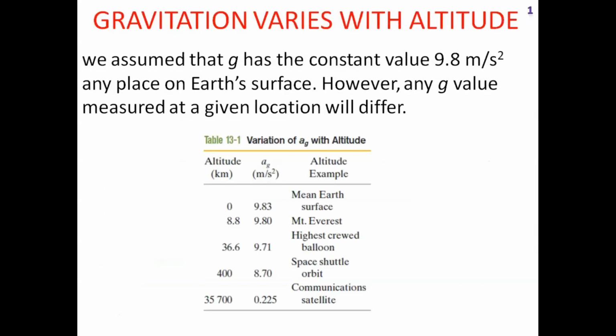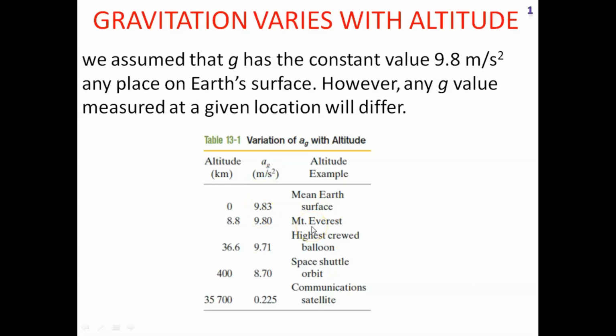Now, acceleration due to gravity, normally we consider 9.8 meter per second square for any place on Earth's surface. However, the value of g measured at different locations differs. So at altitude 0, that is mean Earth's surface, the value of acceleration due to gravity is 9.83.